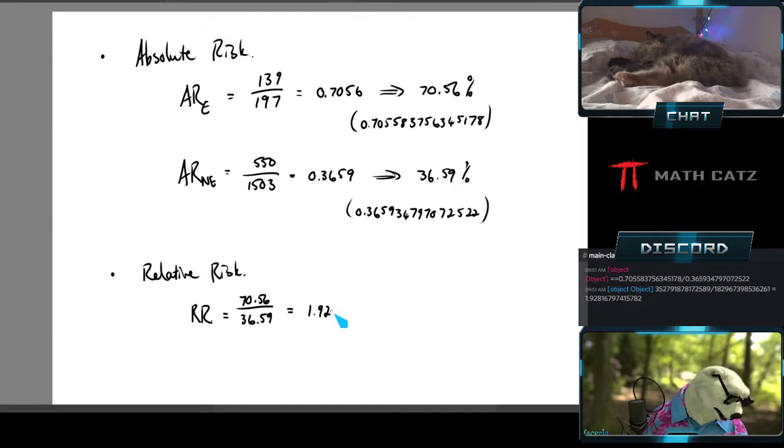That gives 1.92, I'll say 93. How many decimals? Around 4 decimals. 9282. And that leads me to a percentage.